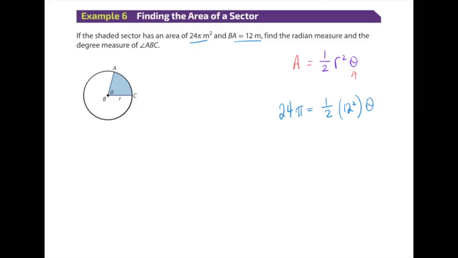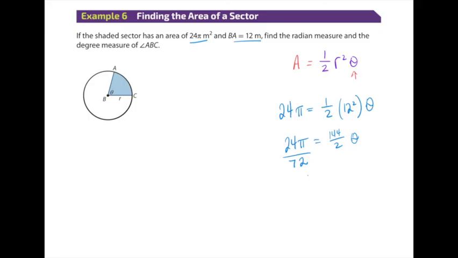All right. And so you would divide it out, simplify, right? 12 squared is 144 over 2. So this is going to be 72. So divide by 72. We'll just ignore that.